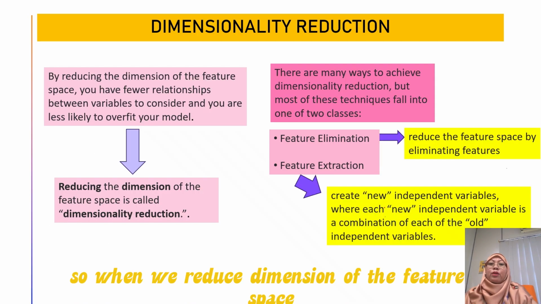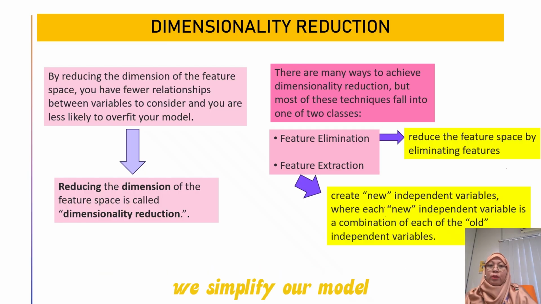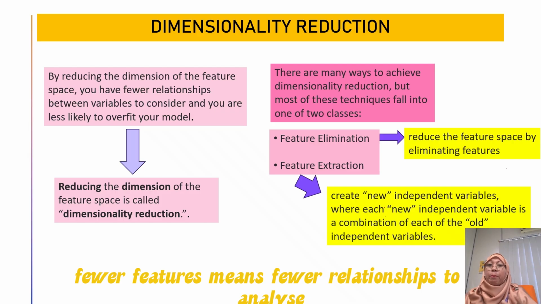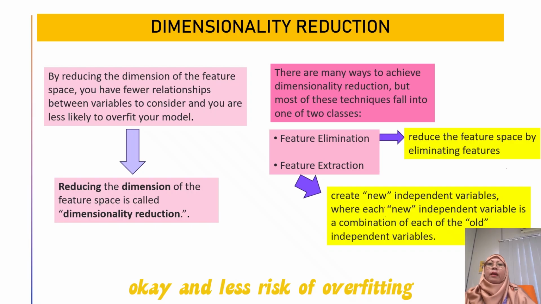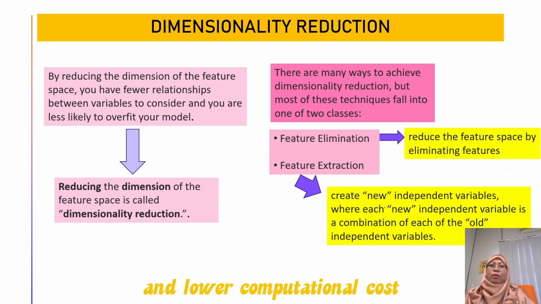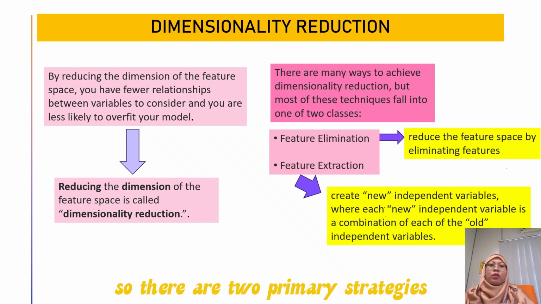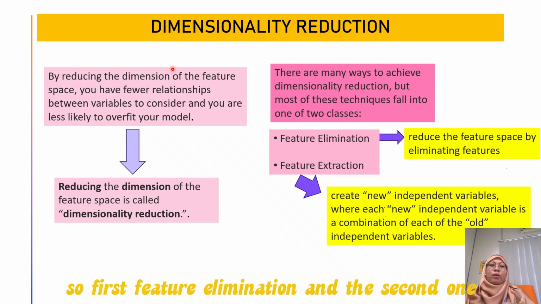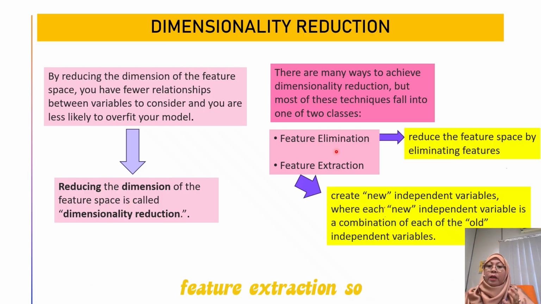So when we reduce the dimension of the feature space, we simplify our model. Fewer features means fewer relationships to analyze, less risk of overfitting, and lower computational costs. So there are two primary strategies. First, feature elimination, and the second one, feature extraction.